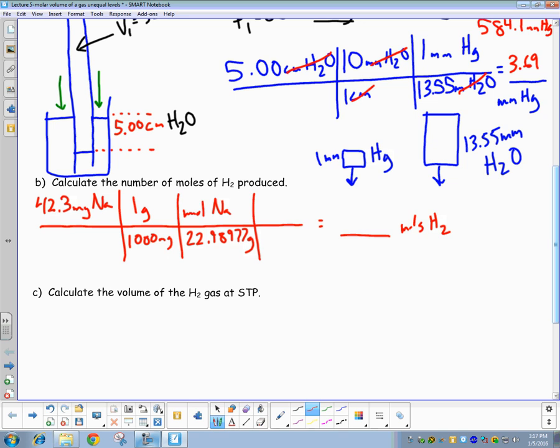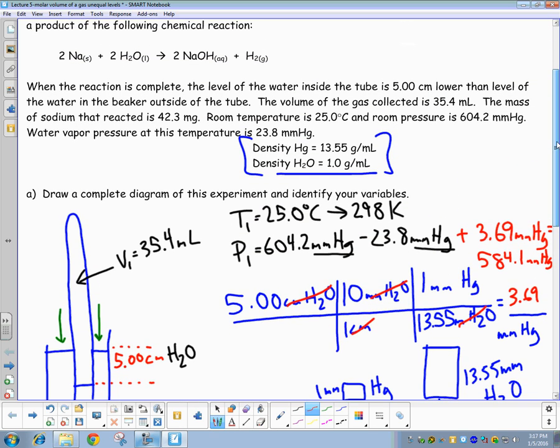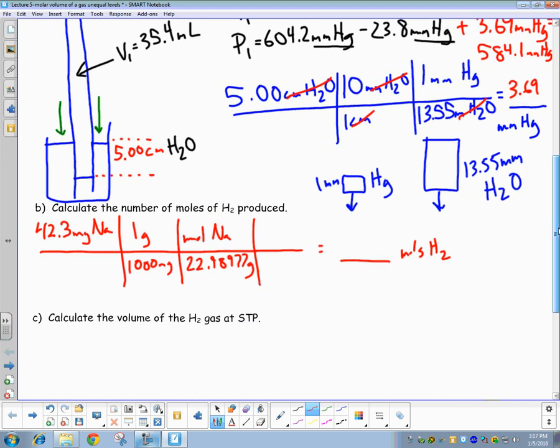Then the last step, we're going to use the balanced chemical equation from above. We've got for every 2 moles of sodium, we produce 1 mole of hydrogen gas. So we'll have 2 moles of sodium for every 1 mole of hydrogen gas. Unit-wise, milligrams cancel with milligrams, grams cancel with grams, moles cancel with moles, and we end up with the unit that we are trying to achieve. When I do this calculation, I get 9.20 times 10 to the minus 4th moles of H2.